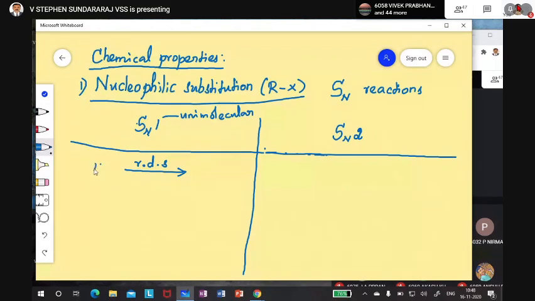Okay, only one RX alone, or maybe the reagent. Because in any organic reaction, one substrate will be there, and one reagent. Okay, we generally call it as an attacking agent or attacking reagent. I'm writing this to you. So out of these two, only one is participating in the rate determination.